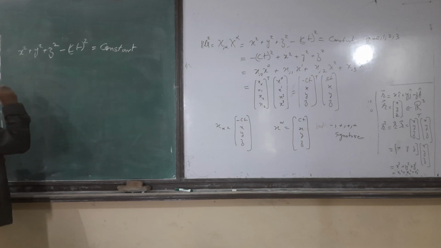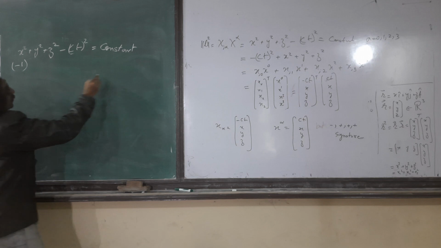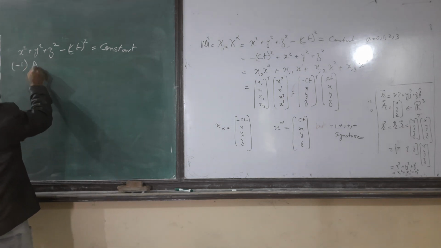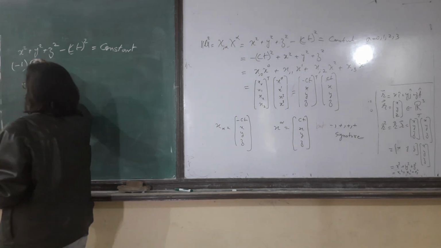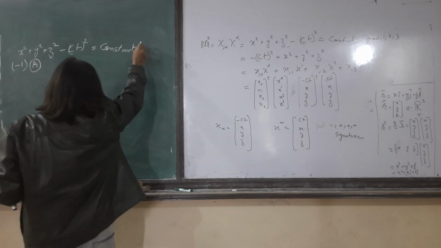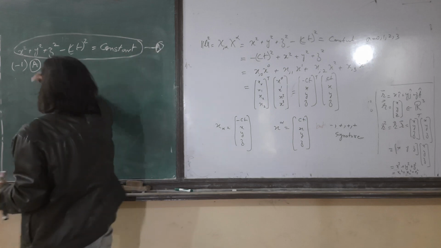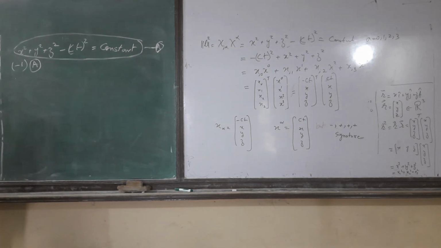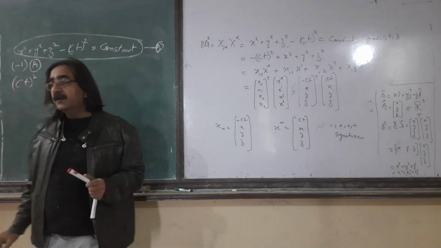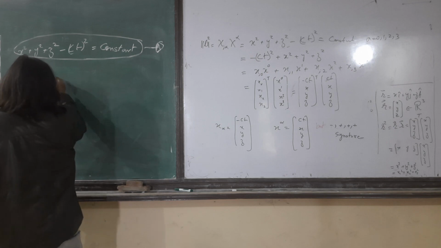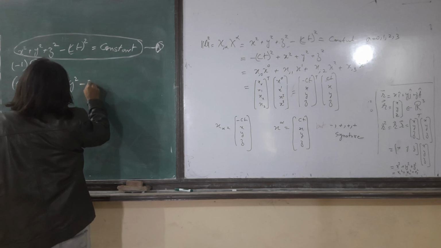If we multiply both sides by minus 1, if I say this is equation A and multiply it with the negative sign, then ct square becomes plus, and the remaining become minus x square, minus y square, minus z square.